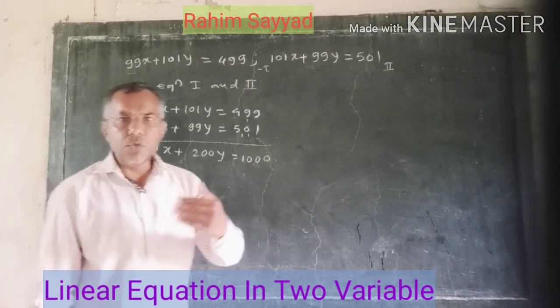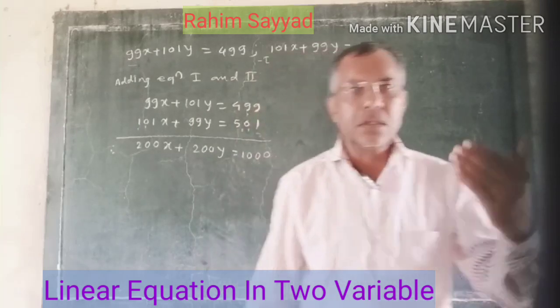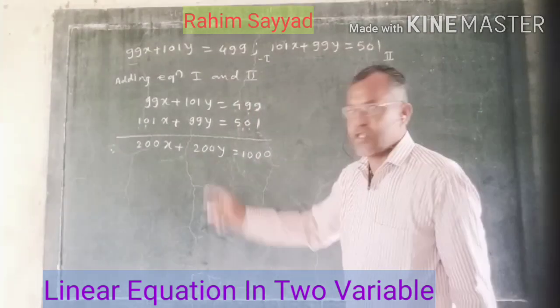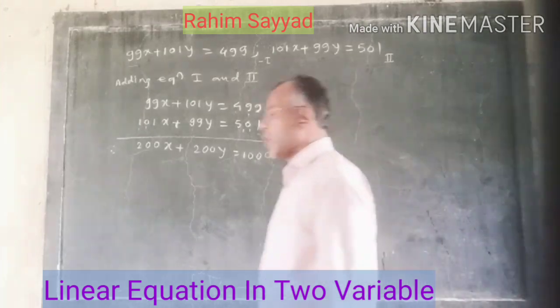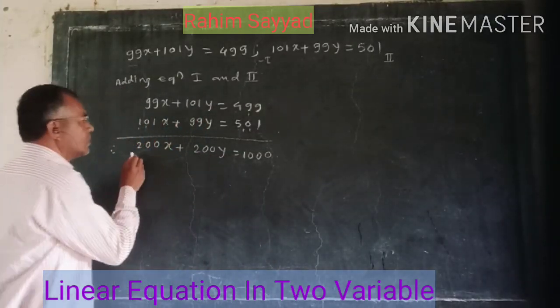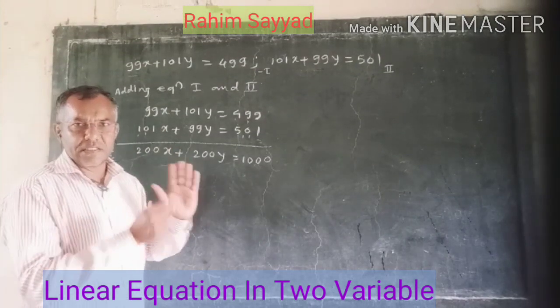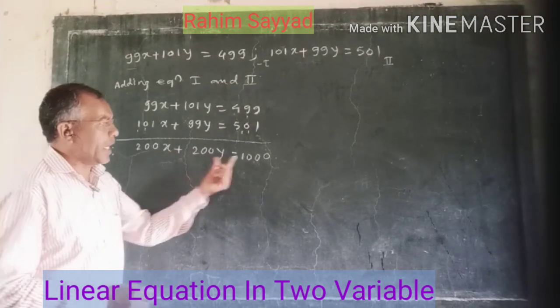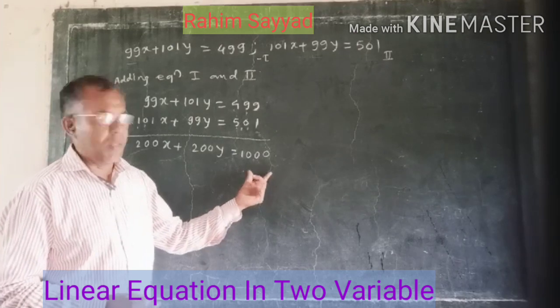In this way, by adding equations 1 and 2, you got this equation. Now take the common factor from the LHS and RHS. The 200, 200 and 200 will be common.